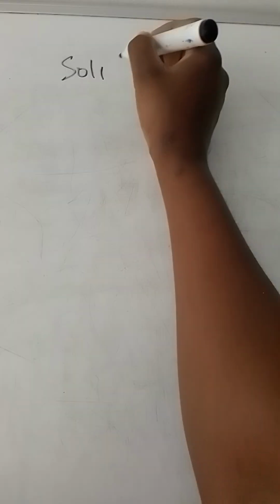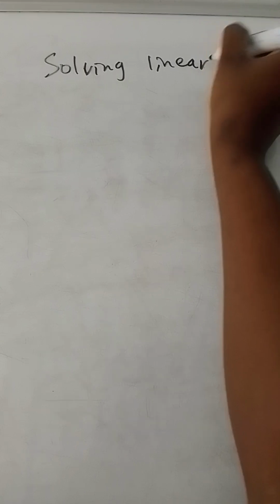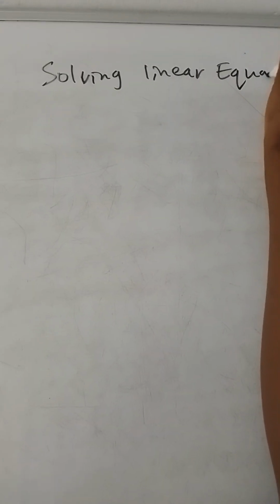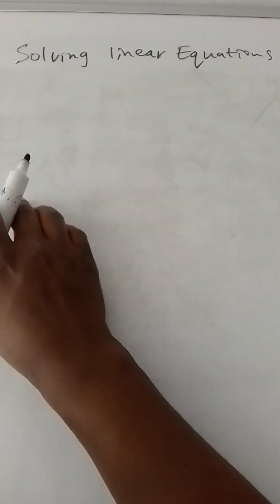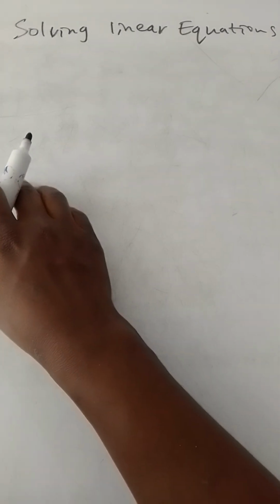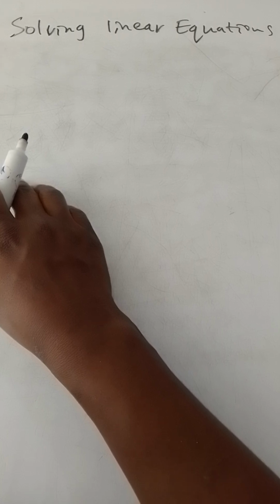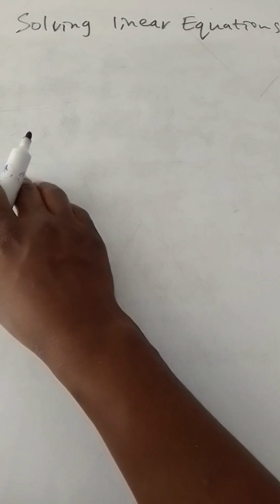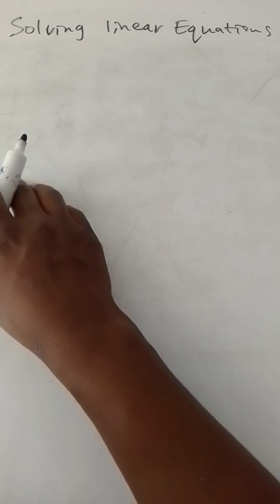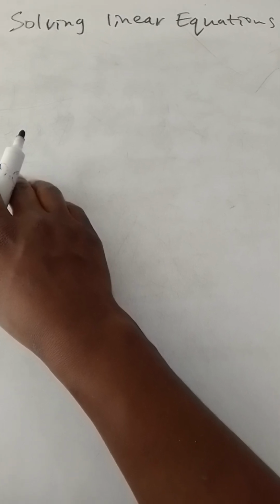So, solving linear equations. Let's start by explaining what linear equations are. Linear equations are equations where the exponent of the variable, or the exponent of all the variables involved, is 1.